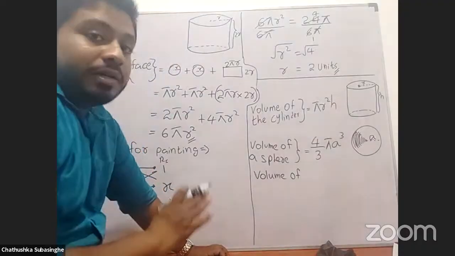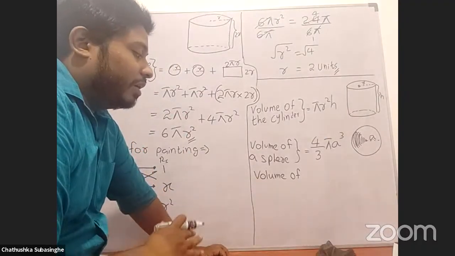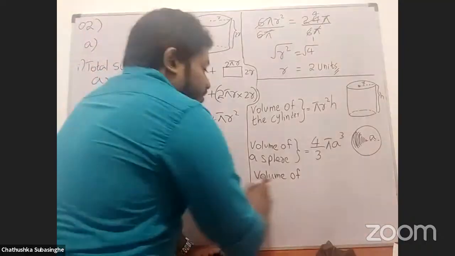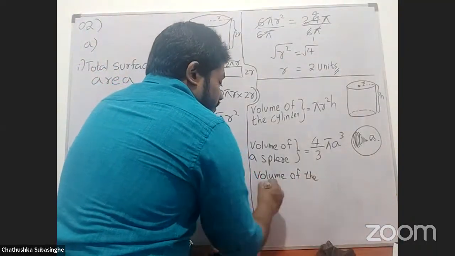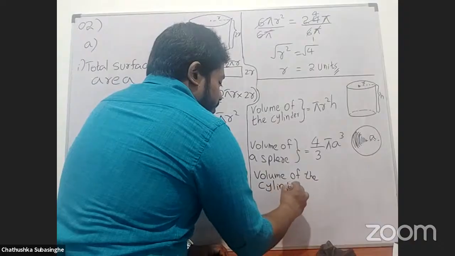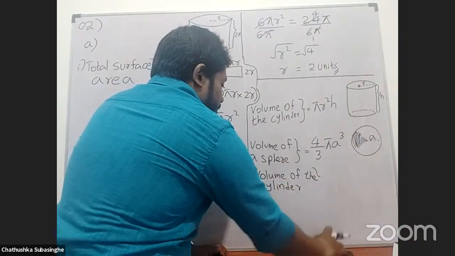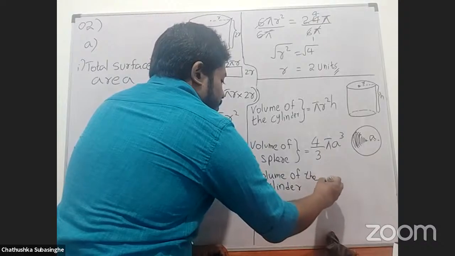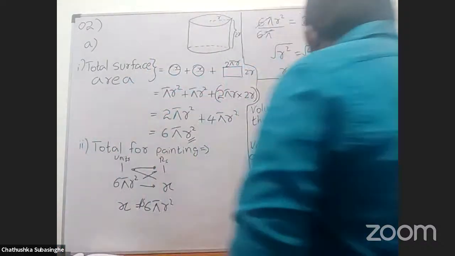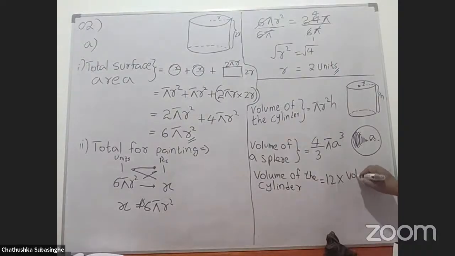It's better if you write this in your paper itself, so the person marking the paper knows that you have a very good understanding. So volume of the cylinder is equal to 12 times the volume of a sphere. Why? They made this and they created 12 of these, right?